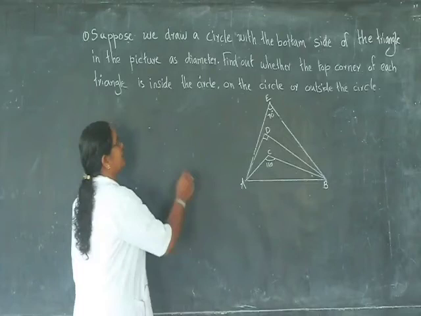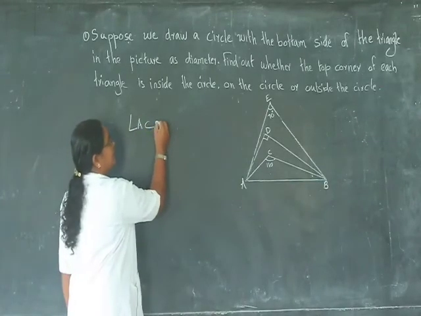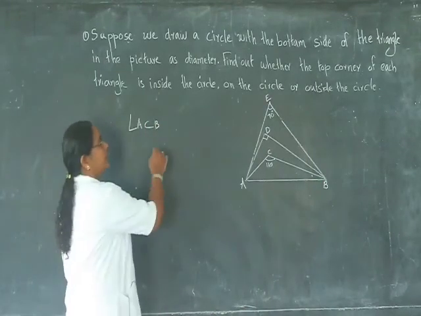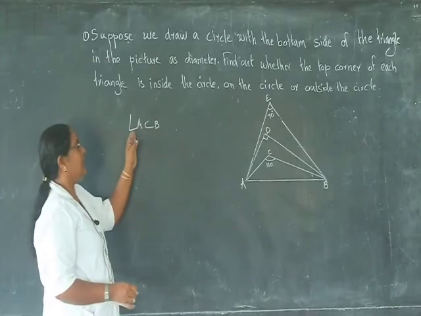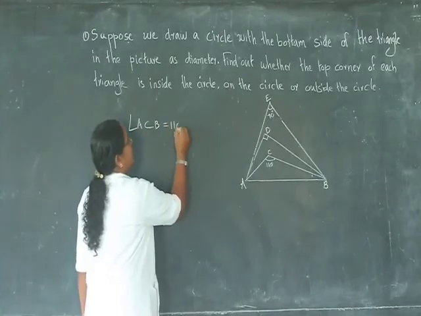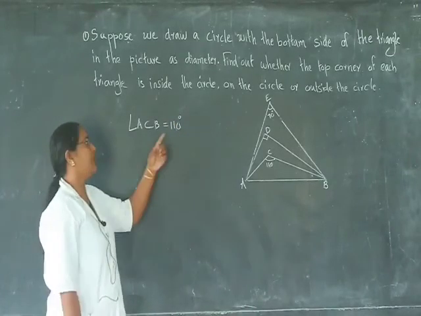Then write angle ACB. This is the answer. Only a simple answer, a one word question, but an important question also. Angle ACB is already given as 110 degrees.